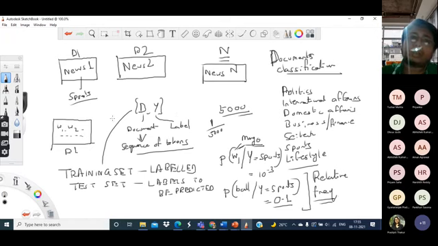You consider all the documents which have this particular label. Let us say document D1, document D7, document D17 and document D23. These 4 documents have the label of sports.